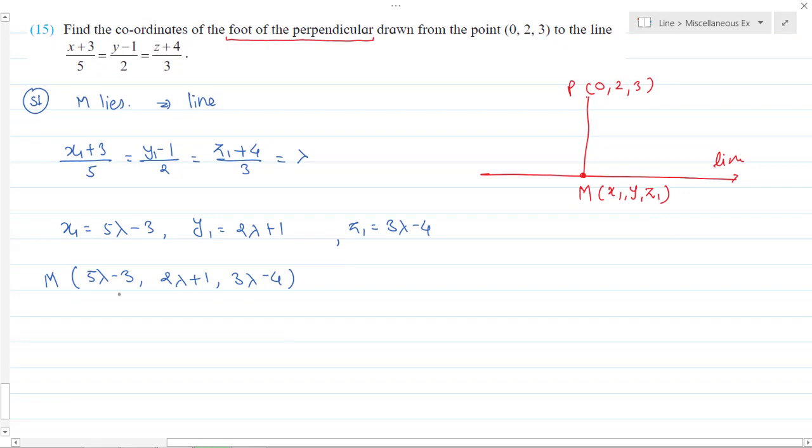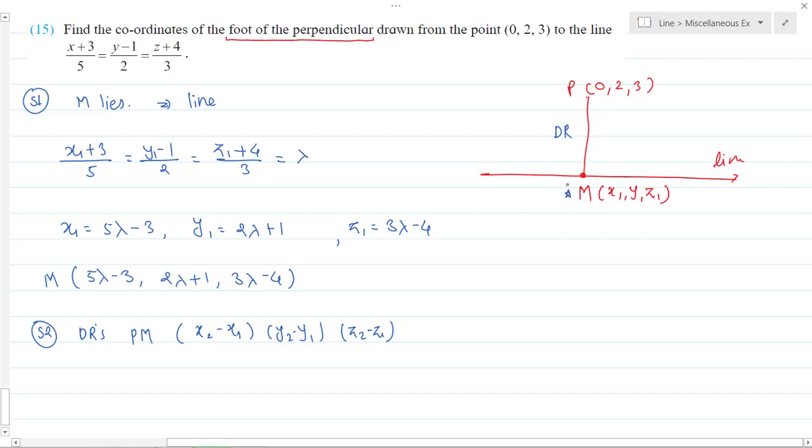The next step is to get the direction ratios of the segment PM. How will you get it? It is simply x2 minus x1, y2 minus y1 and z2 minus z1. You know both the coordinates.